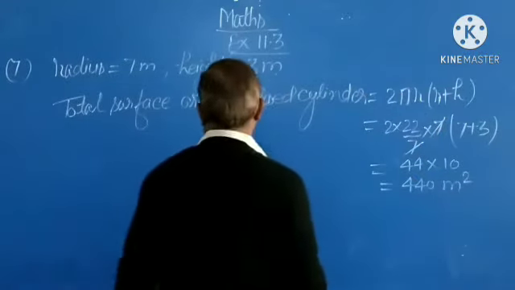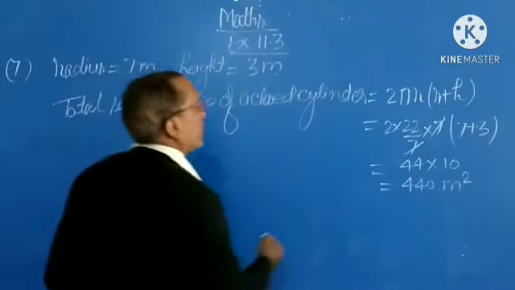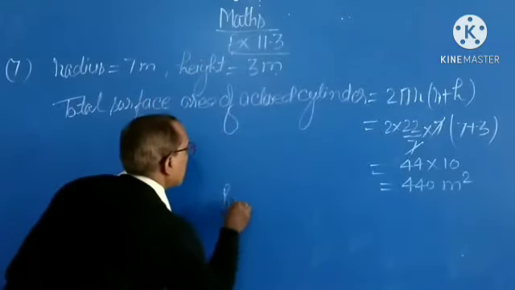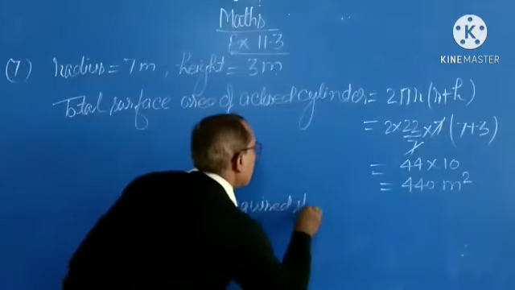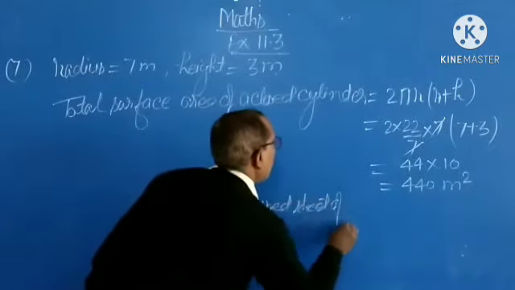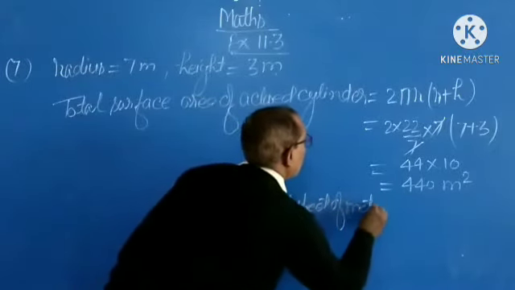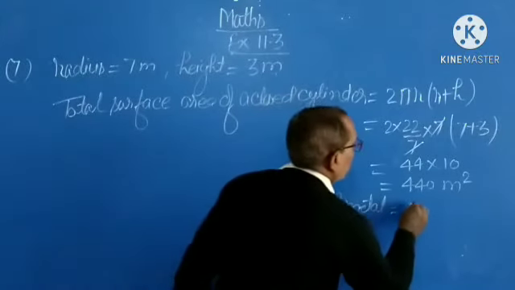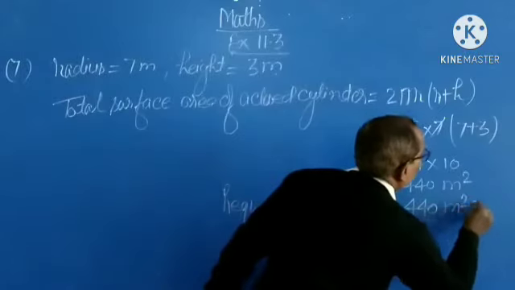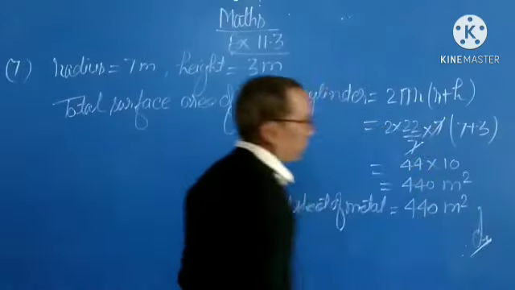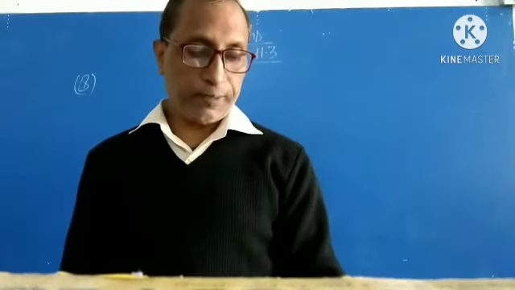It is the required sheet of metal. Required sheet of metal is equal to 440 meter square.